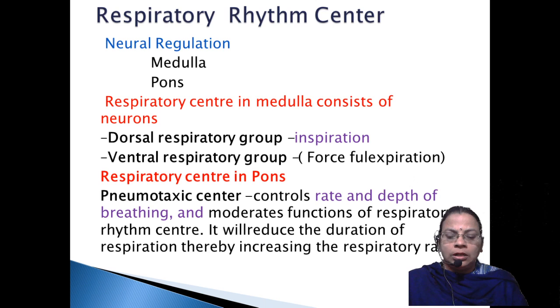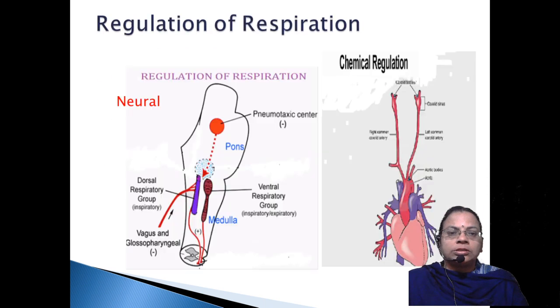Now we will find out what is actually going on in the center. Here, this region is called the pons. The word meaning of pons itself is bridge. That means it is the region which connects the upper region of the brain to the lower region of the brain. Hence that term is specifically given to this region.